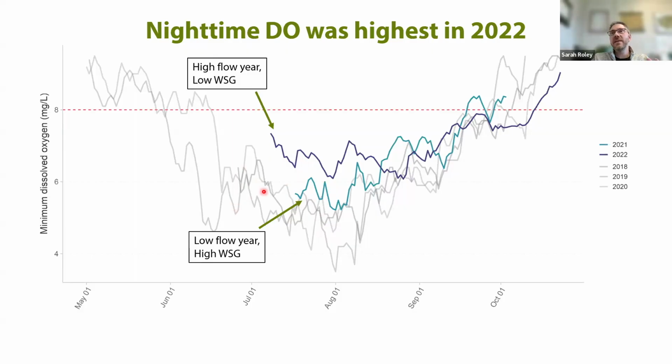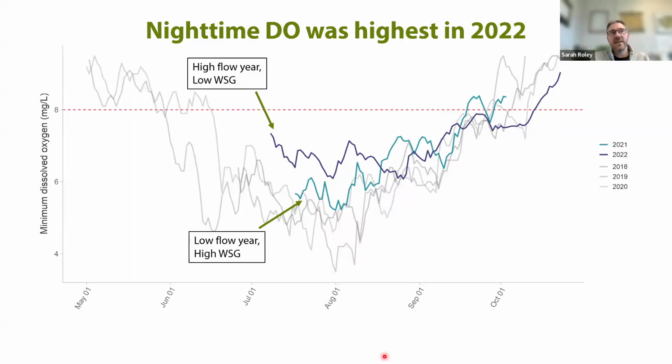And notably, during the early season, when that stargrass biomass was much less abundant than it typically is, nighttime DO was on average about 1 milligram per liter higher than in 2021 and higher than is fairly typical during the early season. However, eventually, as water stargrass biomass started growing back by the mid to late summer, in mid-August, nighttime oxygen was relatively equivalent between the 2 years, and it seems to have followed roughly the same pattern as previous years.